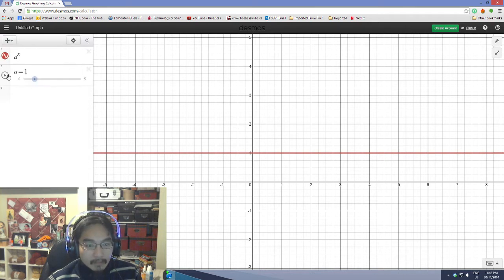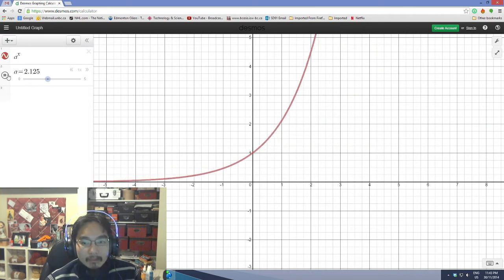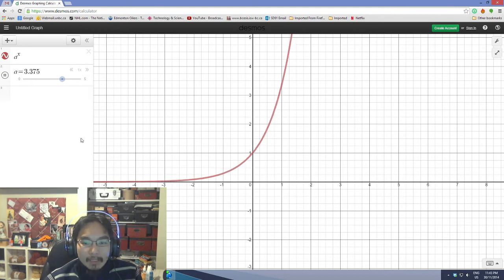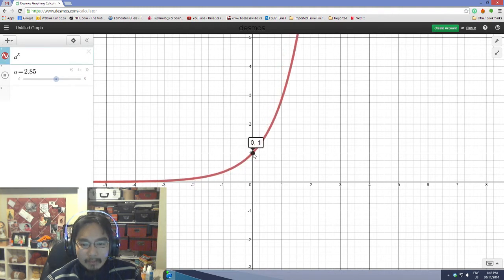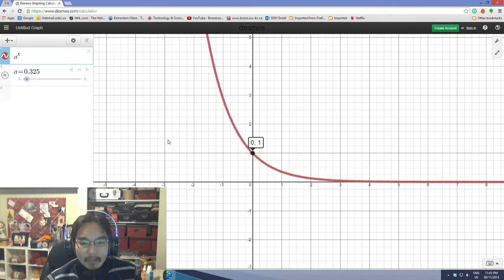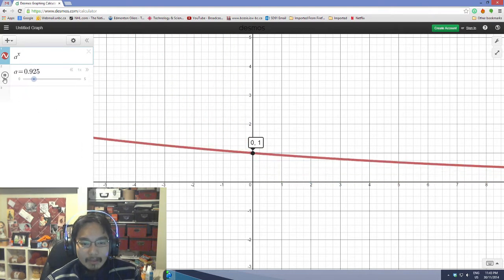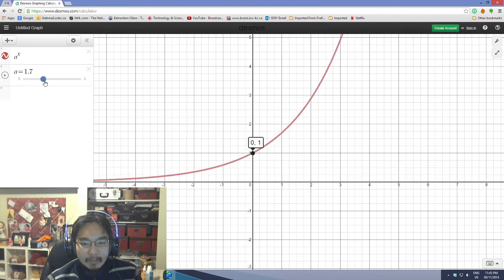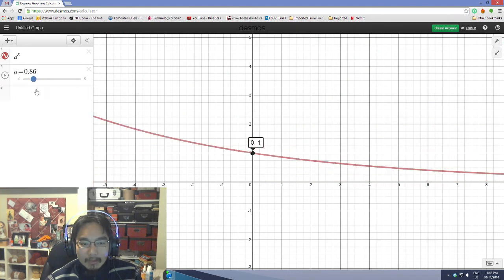There we go. This will give you a better idea because you can see the between 0 and 1 portion. So this point is always constant for any basic exponential function. It doesn't change.